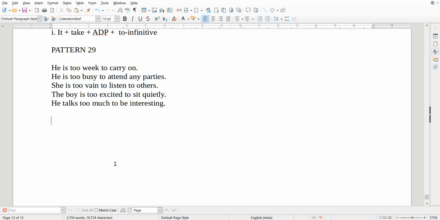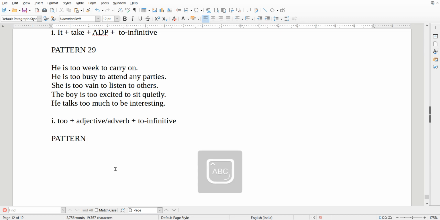The structure is too plus, this is not even a verb pattern, but anyway, these are kind of miscellaneous structures: too plus adjective and verb plus to infinitive. Yeah. Pattern 30. Adjective, adverb plus enough plus to infinitive.